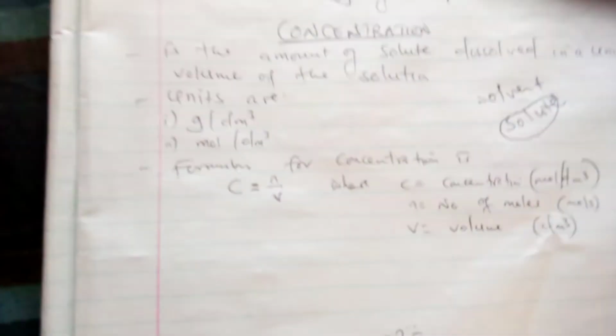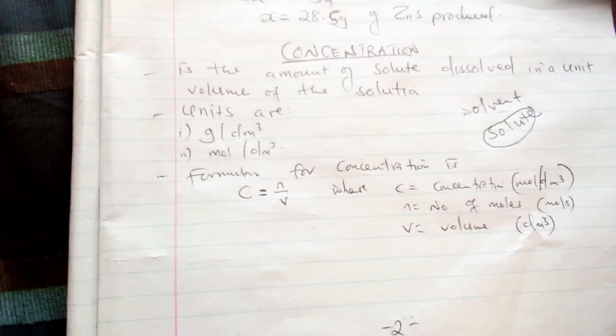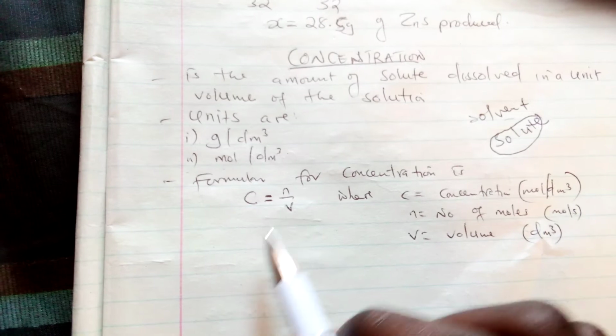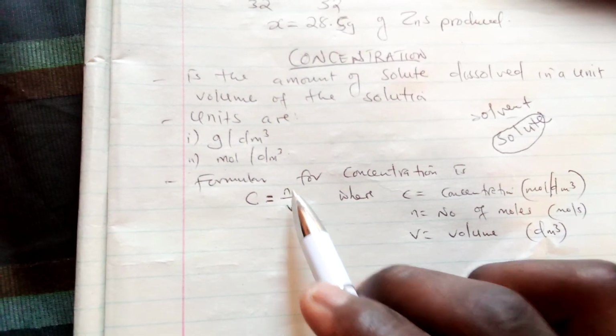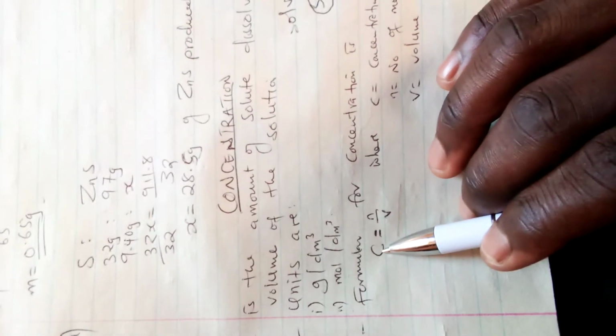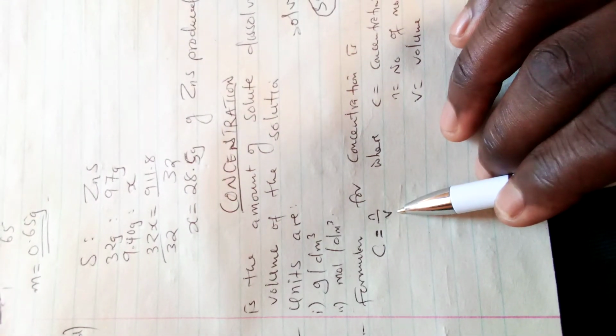And this is the formula that we use for concentration. C equal to n over V. What we are saying is that concentration is represented by C, then number of moles, then volume. Sometimes here they can be mass.